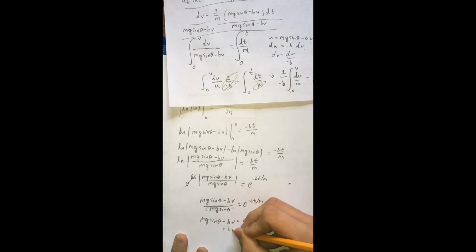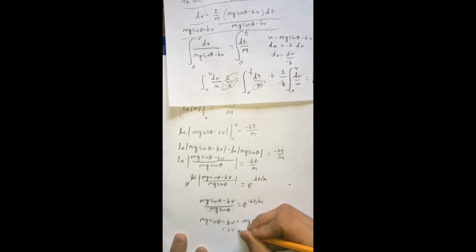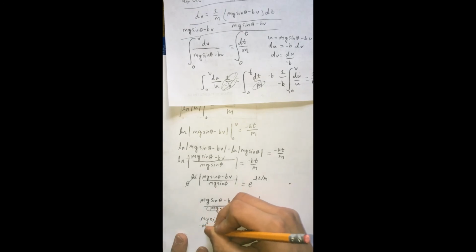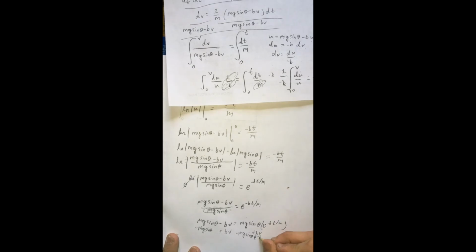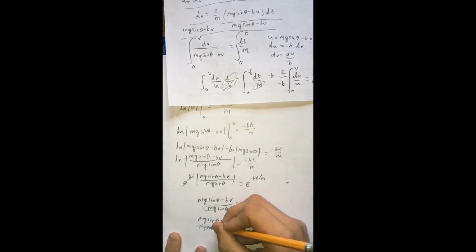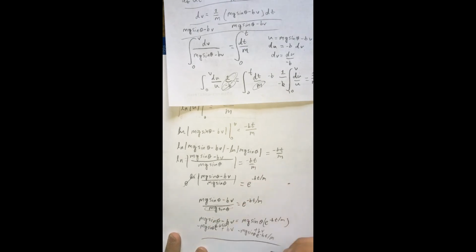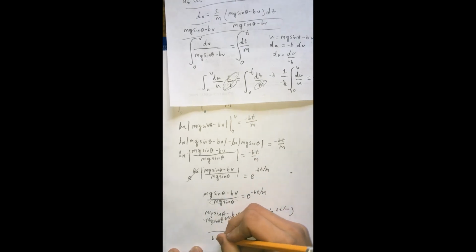We add the bv to each side, subtract the mg sine theta times e to the negative bt over m, and we get that bv is going to be equal to mg sine theta minus mg sine theta e to the negative bt over m.